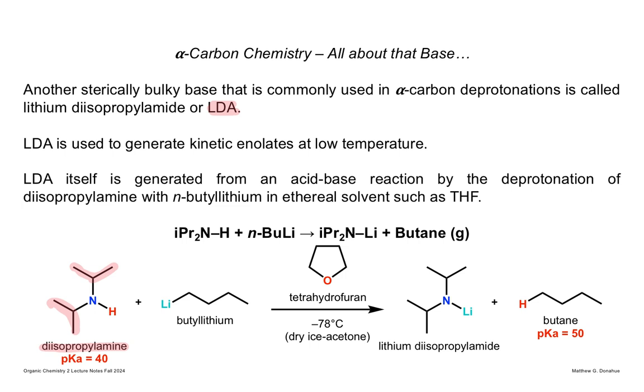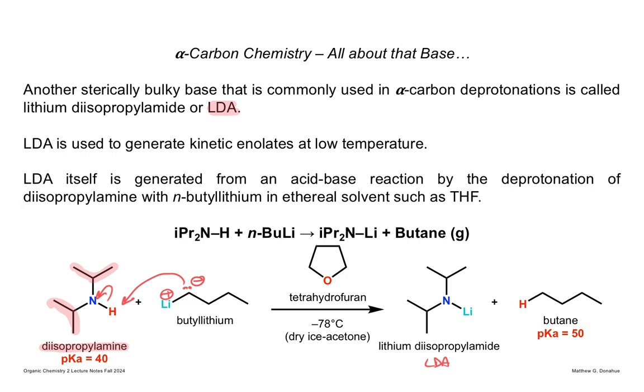So starting with the amine as the acid, we use this other base called butyl lithium. And so the lithium's plus, the carbon is minus. That will abstract that hydrogen. And then we get the LDA.